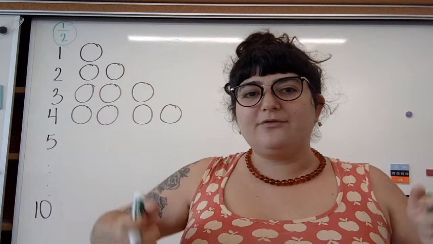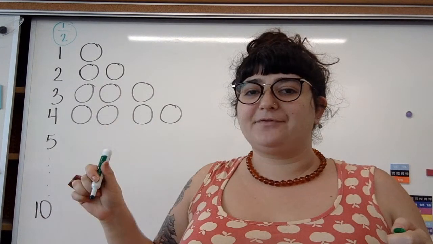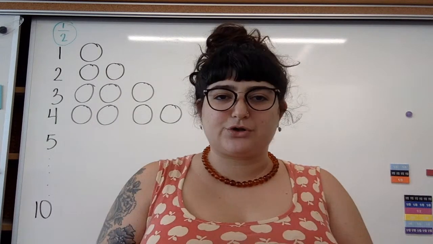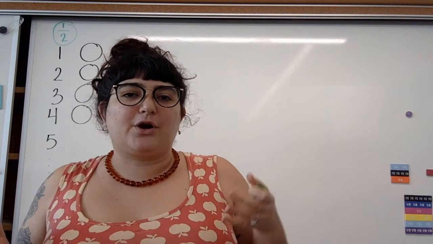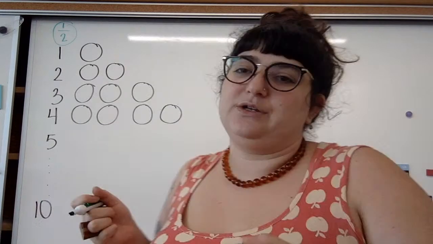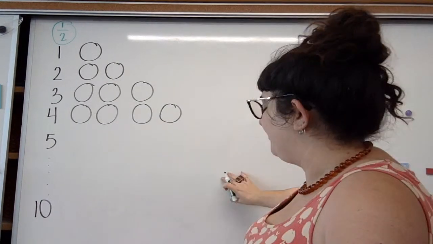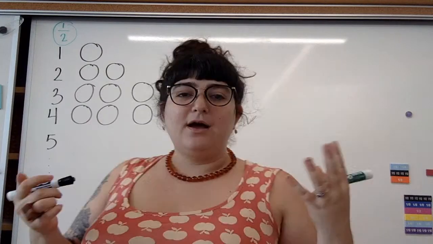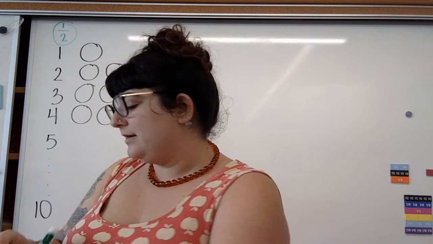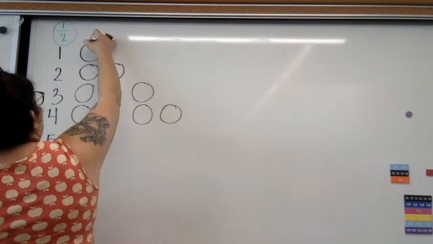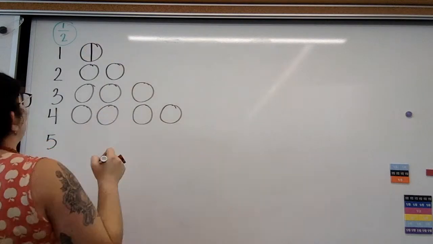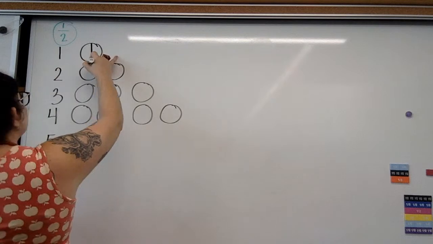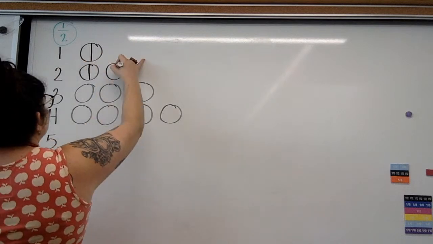Well, if we have 1/2, thinking back to regardless if we're using circles or strips or any other visual representation to show us a fraction, I know that if we're using a half, that means that I'm cutting whatever representation I'm using in half. Whether it's 1, or if I have 2 wholes and I cut them in half.